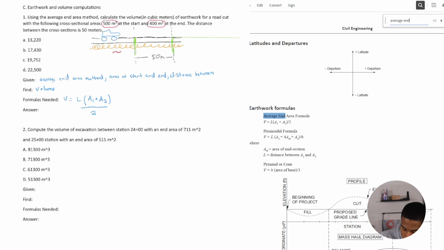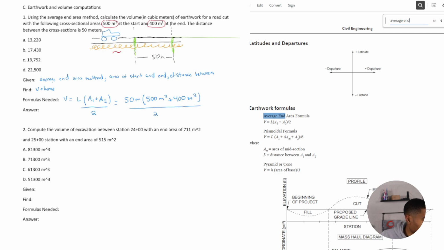So everything is pretty straightforward. I'm going to say this is equal to 50 meters times my area 1, 500 meters squared, plus 400 meters squared, all divided by 2.